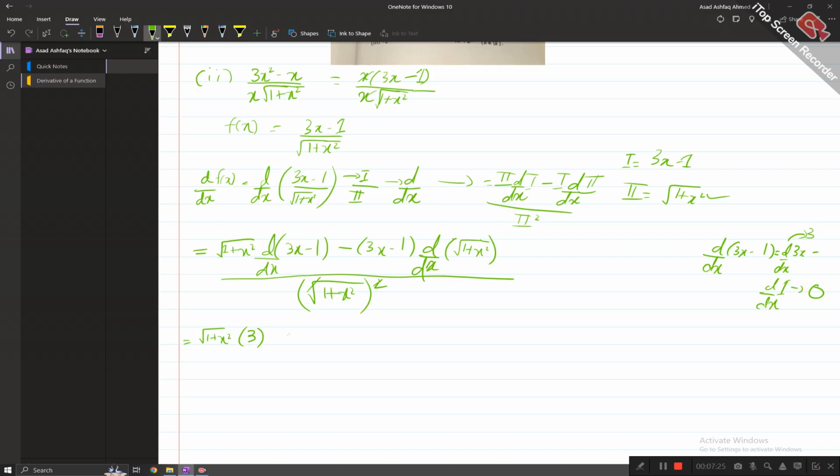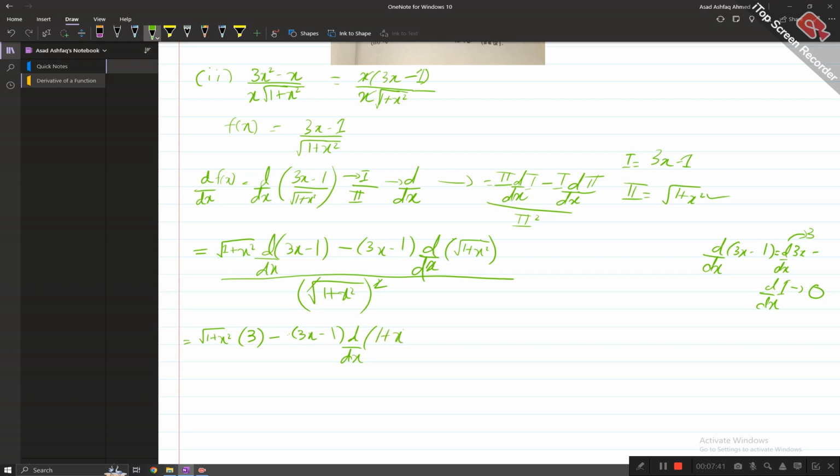Now minus (3x minus 1) as it is, into (1 plus x square) power 1 upon 2. Now I have to repeat the step again over here so you will understand what we have to do.